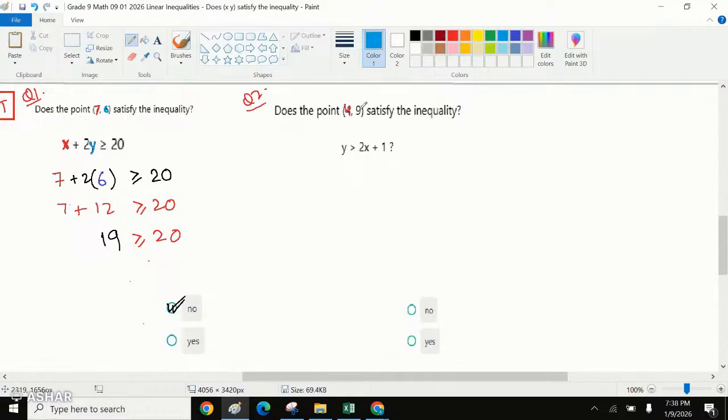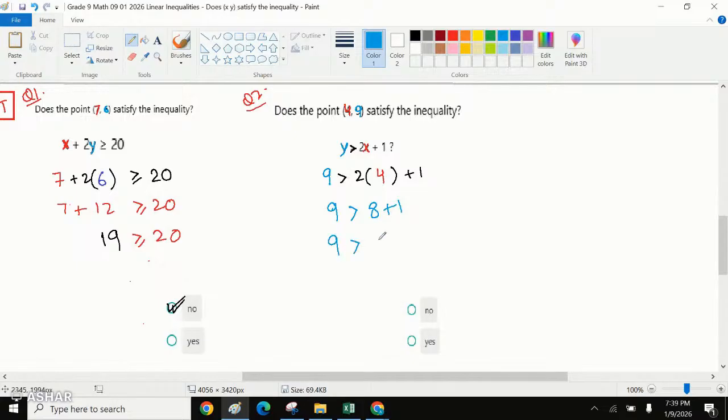4 and 9, the value of x was 4 and the value of y was 9, so can we substitute? Y was 9 and they're saying y is greater than 2x plus 1, right? And x was 4. Is 9 greater than 8 plus 1?